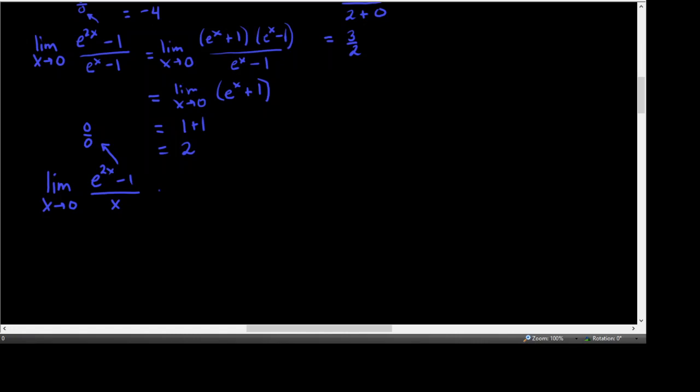If you wanted to, you might think, well, algebraically, can't I split that into two fractions? Let's try that. So that would be e to the 2x over x minus 1 over x.